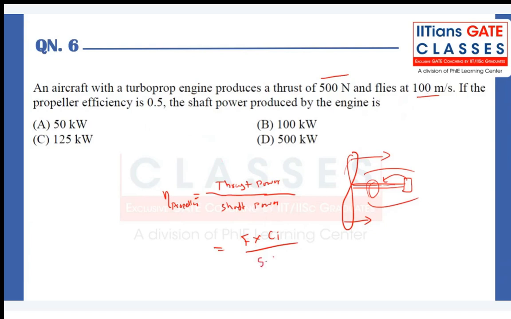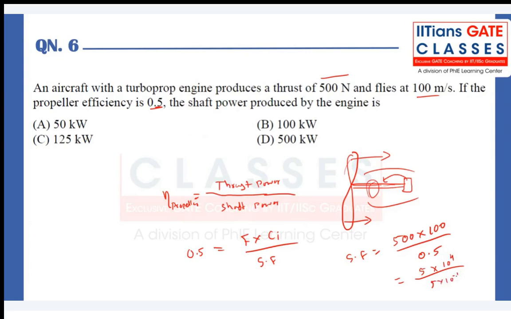But the efficiency of the propeller is given to be 0.5. So if I use that, I can calculate shaft power is equal to thrust, 500 into 100, divided by 0.5. So it is going to be 5 into 100 into 100, that is 10 to the power of 4, divided by 5 into 10 to the power of minus 1.